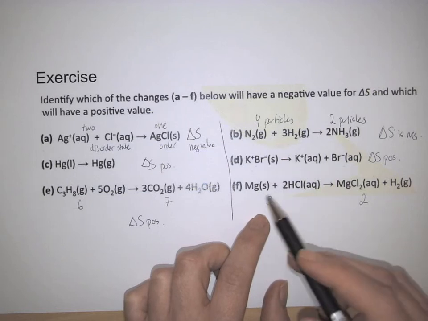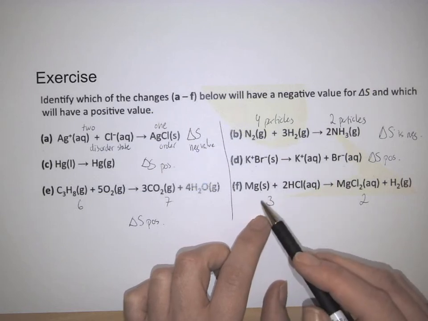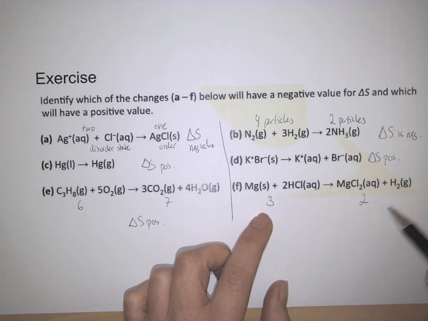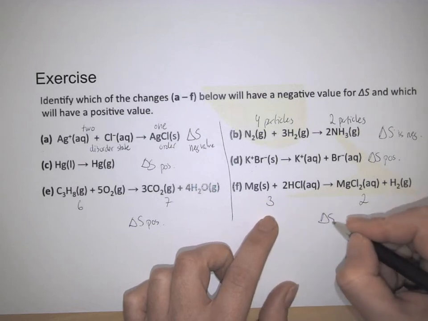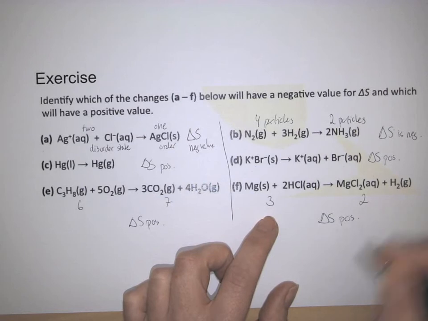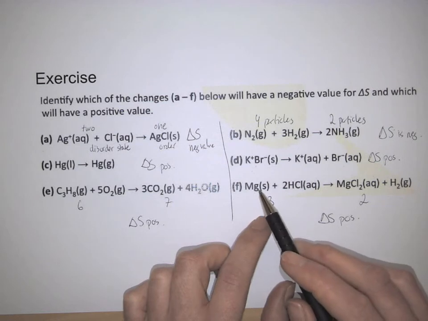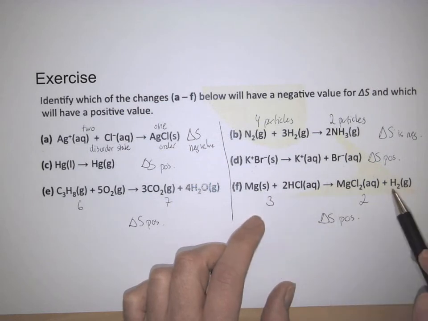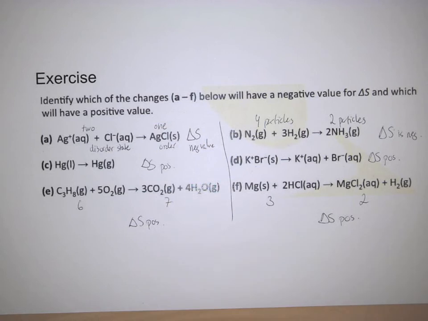So there are 2 different pieces of evidence saying that there actually will be more disorder. So we can see that delta S will be positive. So for both of them, we can see that it's more disordered here, and that is why we can do it like this.